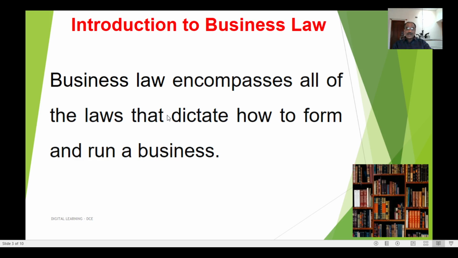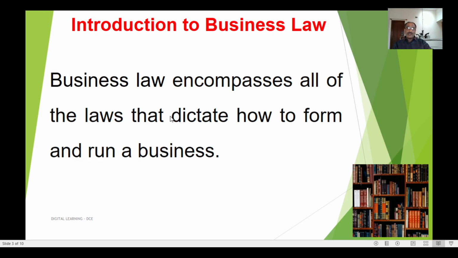Suppose if you ignore the laws relating to the other acts, we will face legal problems in the future. In order to overcome these legal complications, every businessman has to observe all the laws relating to the business.